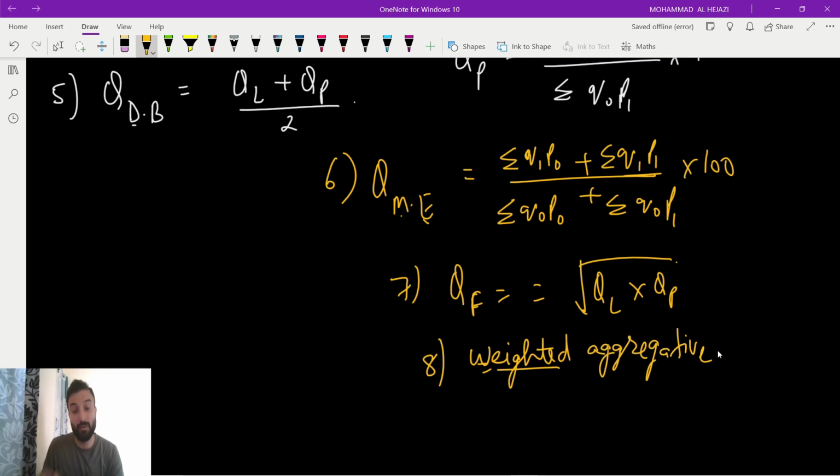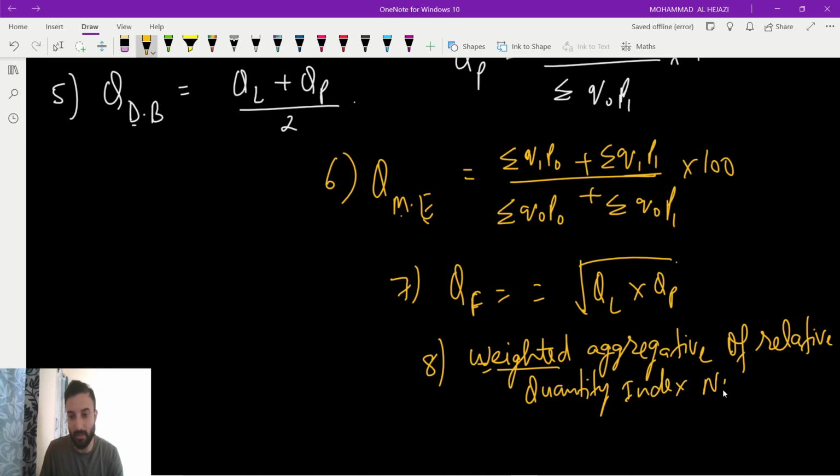The 8th one, which we did for the price index number, was weighted aggregative of relative. Same here, weighted aggregative of relative for quantity index number.